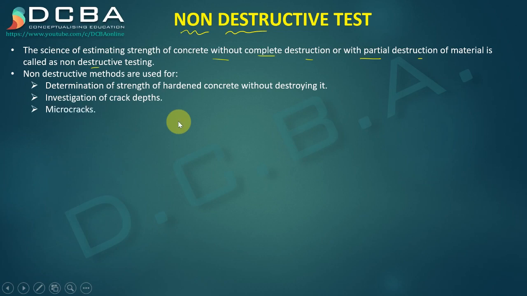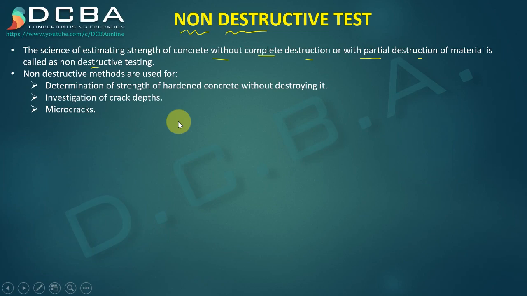Third is micro cracks. So if micro cracks are formed within the body of the concrete, now we had seen in my few previous video lectures, I had already told how micro cracks are formed at the transition zone, at the junction of the aggregate and the cement paste, right?